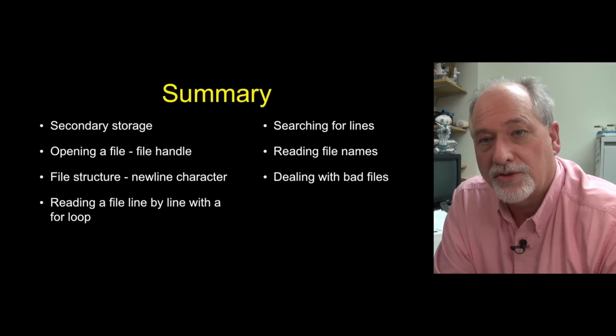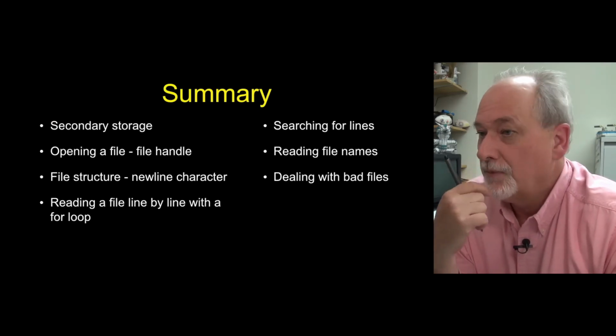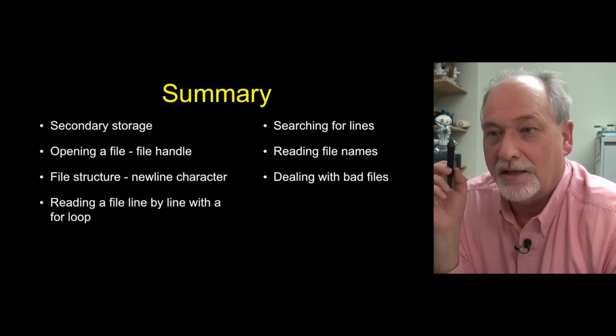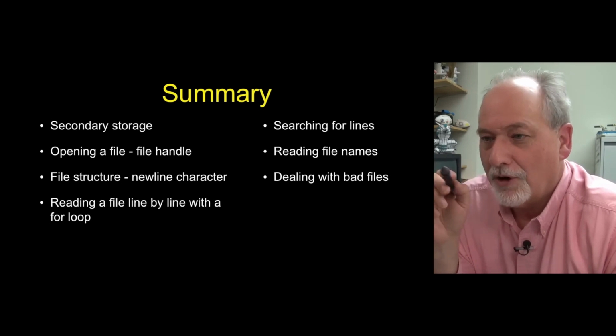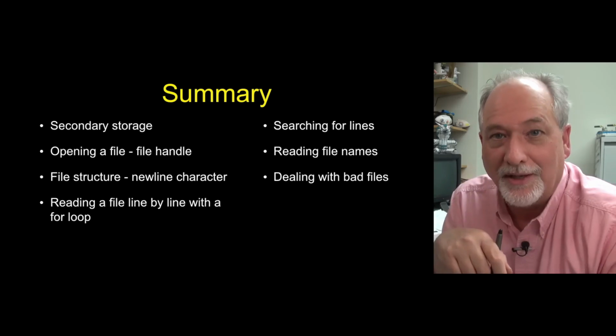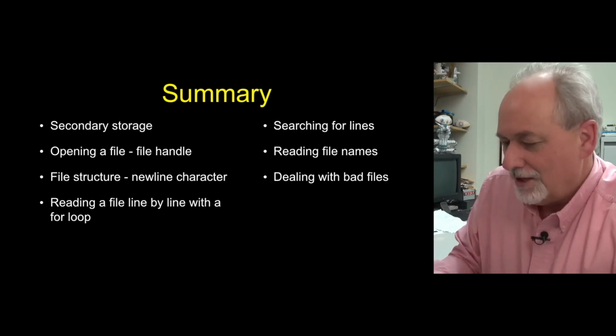So that's a quick zoom through opening and reading files and doing some patterns. Most of the rest of the programs in this course are going to say open, rstrip, look for, and then do something interesting. That's going to be our loop that we're going to do over and over again.